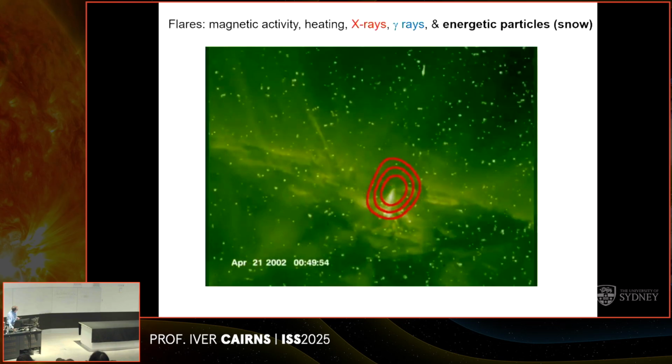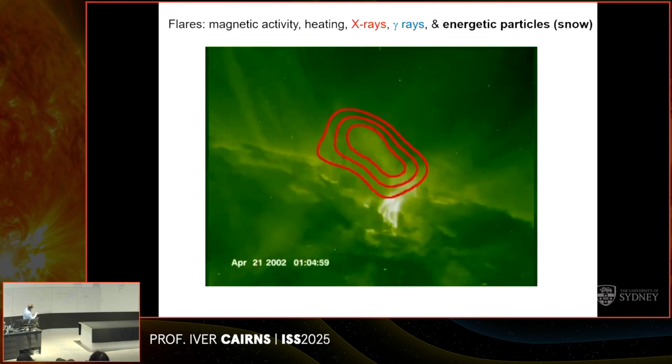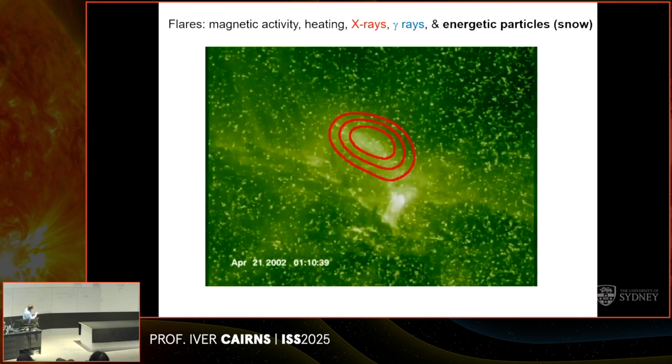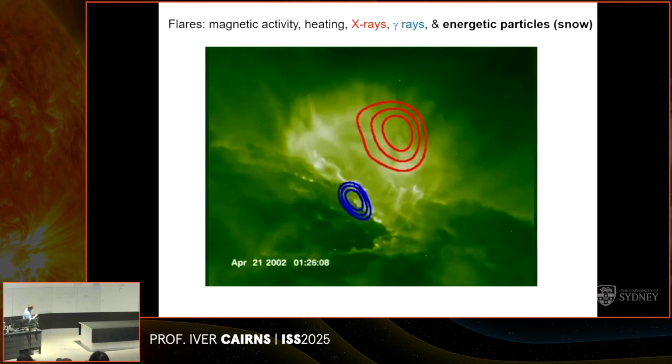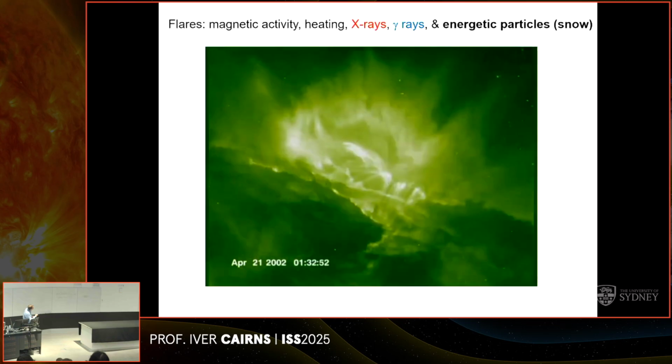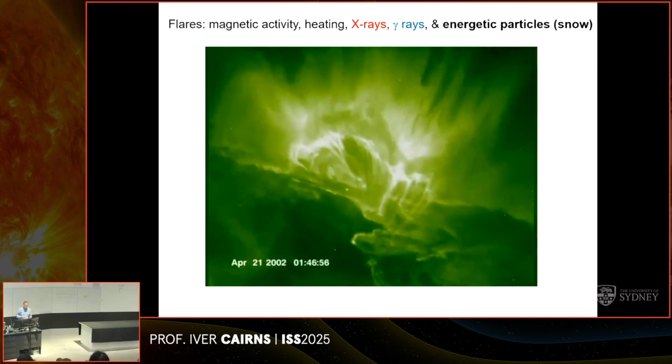So the X-rays here, sort of out. Keep forgetting that I can't do that. All of this snow here, variations here. These are energetic particles coming down from reconnection regions up higher. All sorts of variations.